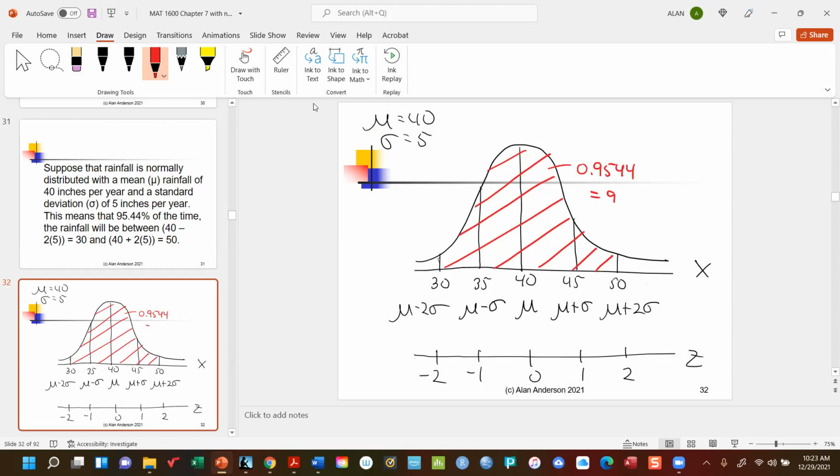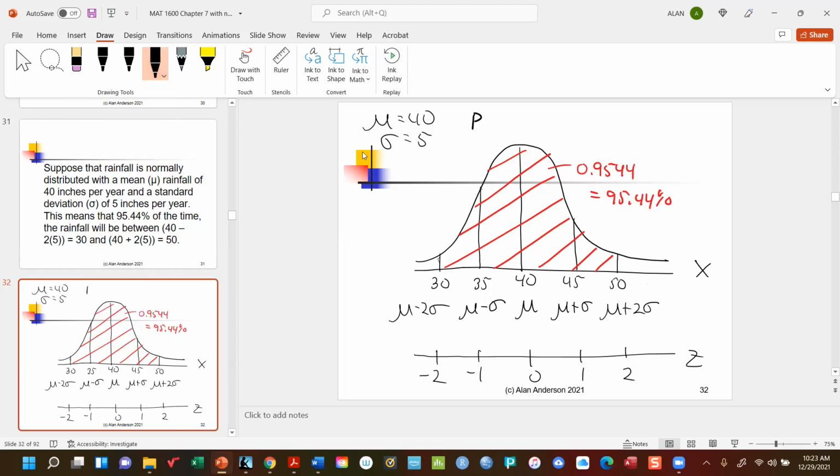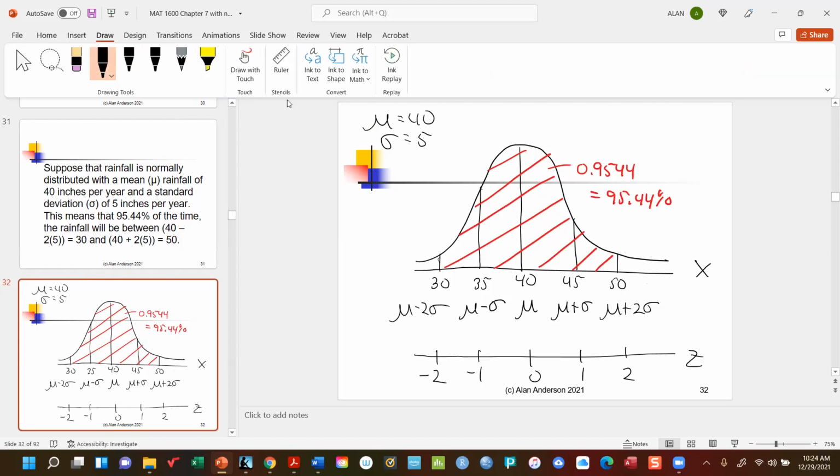So what that tells me is that the probability that the rainfall next year, hold on. The probability of the rainfall being between 30 and 50 inches is 0.9544, because that represents being within 2 standard deviations of the mean.